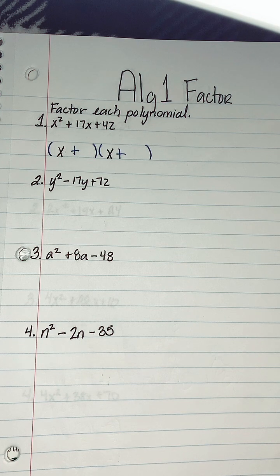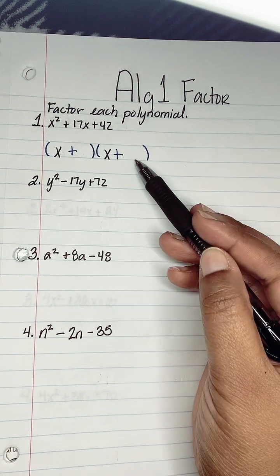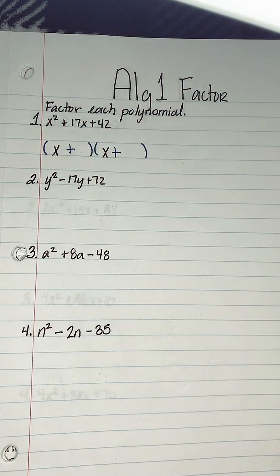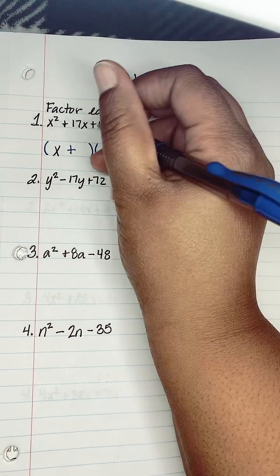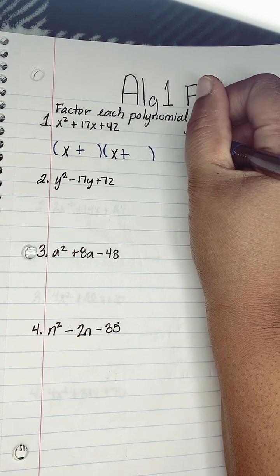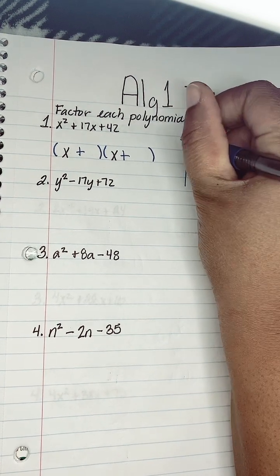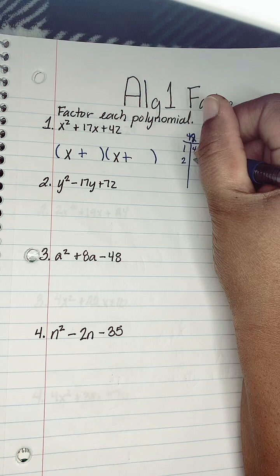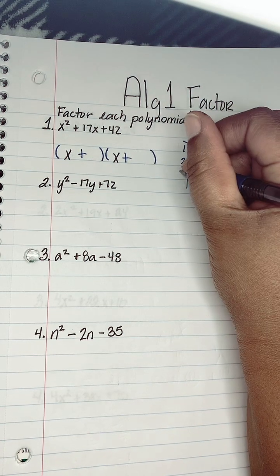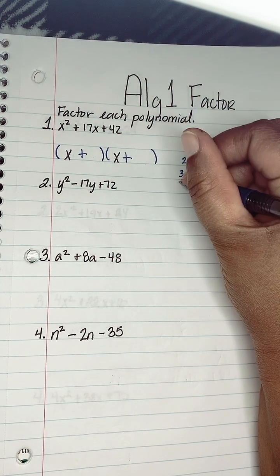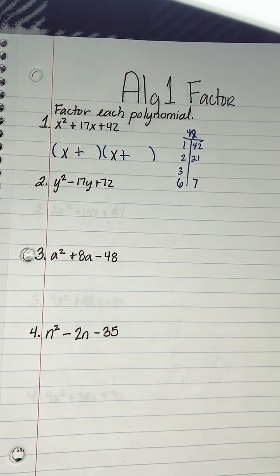Then we say, what times what gives us 42? We could do a whole bunch of things: 1 and 42, 2 and 21, 3 and something, but 6 and 7 gives us 42.